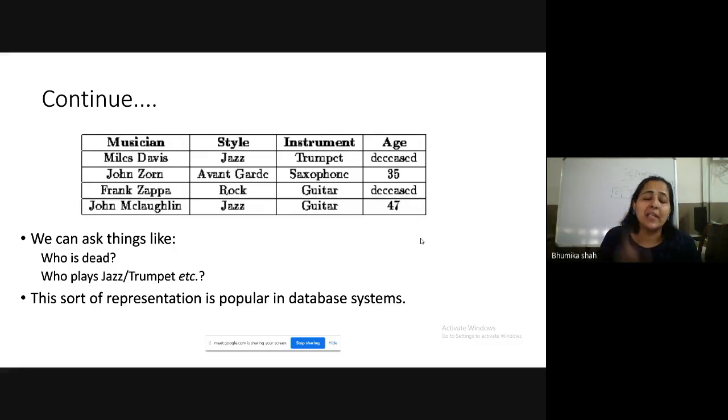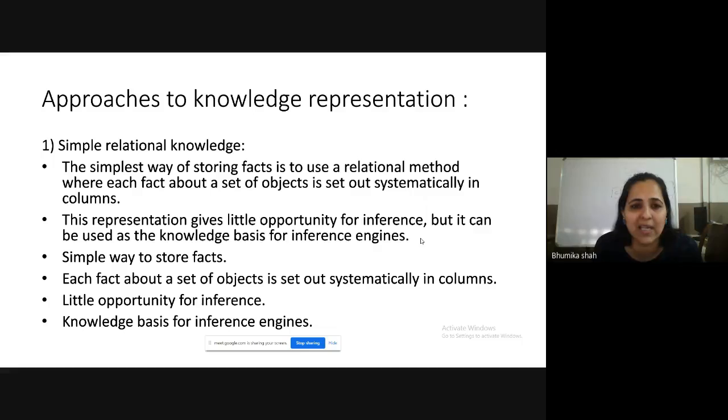Then let us say name of the student, city of the student, CPI, SPI of the student. They can be different columns which are describing a particular student. Now below that we will write name of all the students, and then in the columns we will write their appropriate properties. Simple. So that is called database representation, or we can say it as relational knowledge representation.